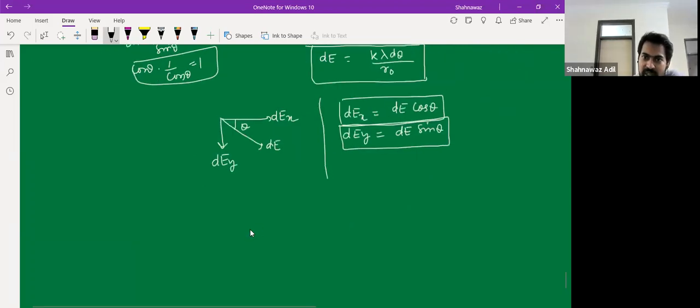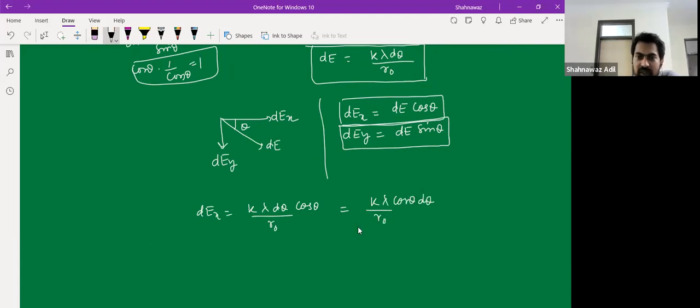And we know what dE is. So dEx would be k lambda d theta by r naught into cos theta. Let me write it like this: k lambda by r naught cos theta d theta.